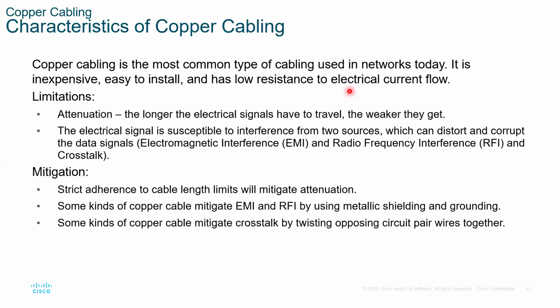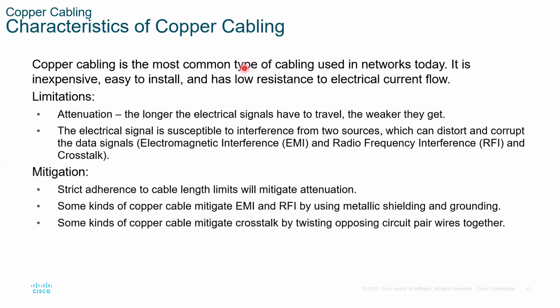Copper for short distances can be used very well. Long distances suffer from what we call attenuation, loss of signal strength over distances. That is it for our copper cabling.